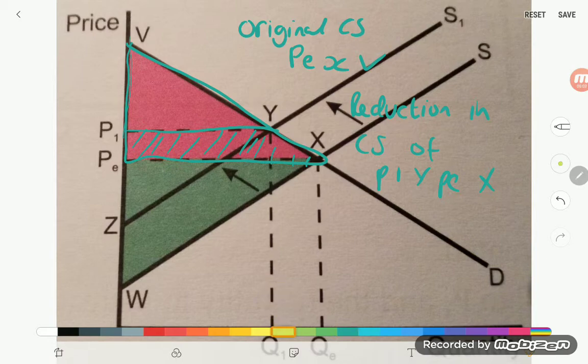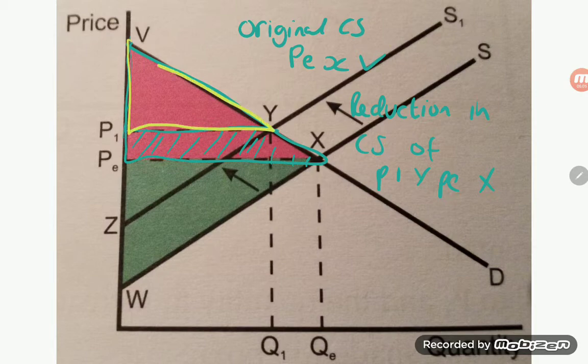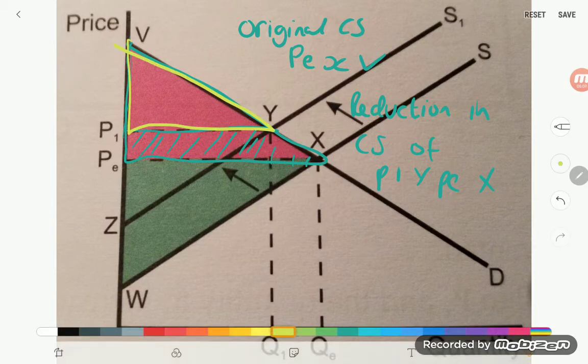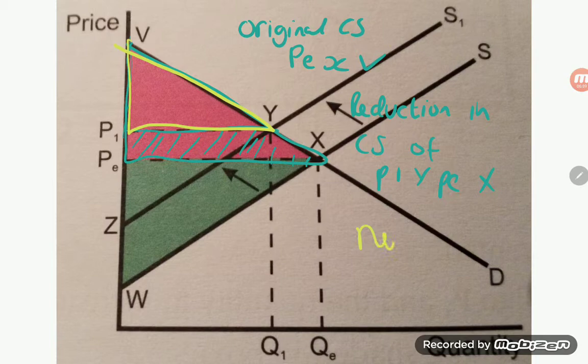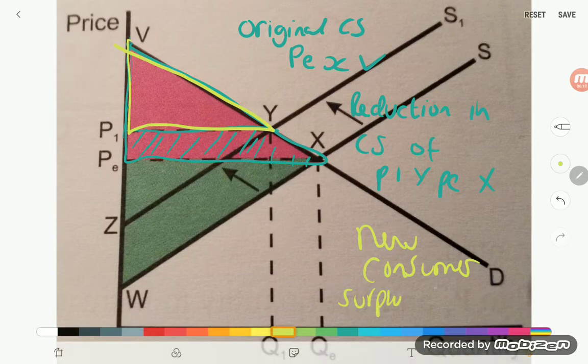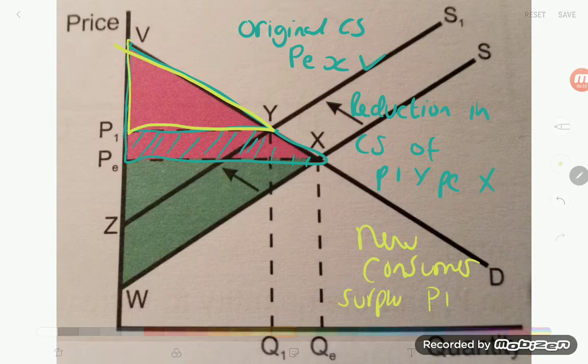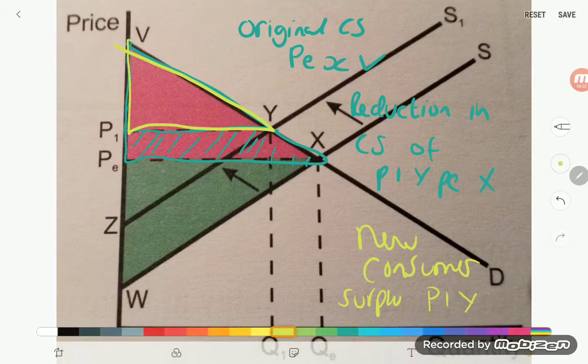The new consumer surplus would be this area here. So the new consumer surplus is the area P1, Y and V.